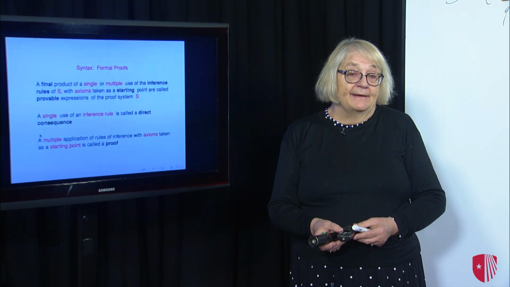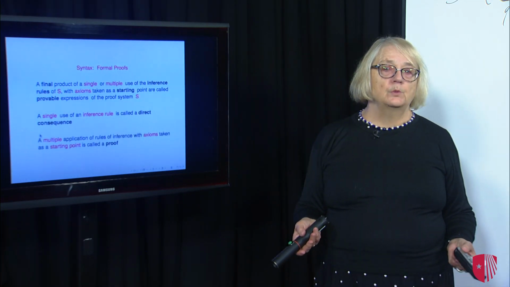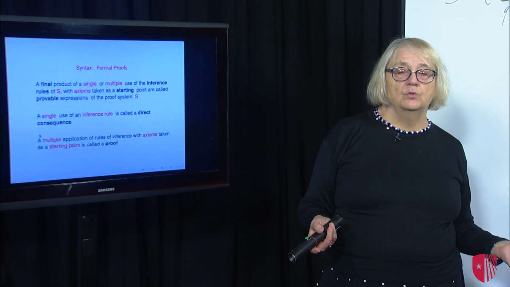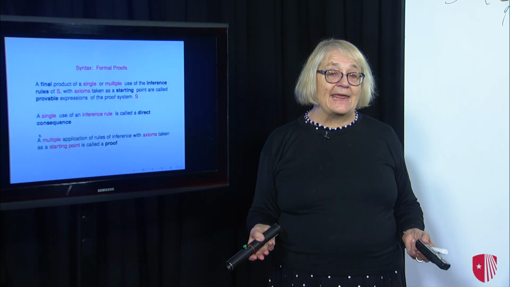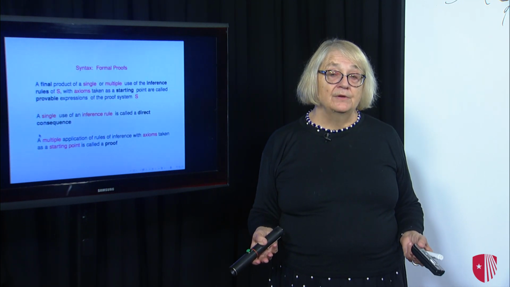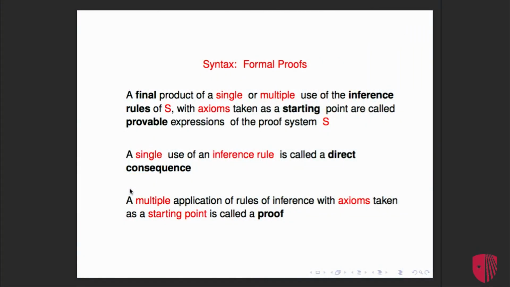And the finite product of single or multiple use of inference rules of the system with axioms taking as a starting point are called provable expressions in the proof. And now we have to define formally what it means. So we call the single use of an inference rule a direct consequence.